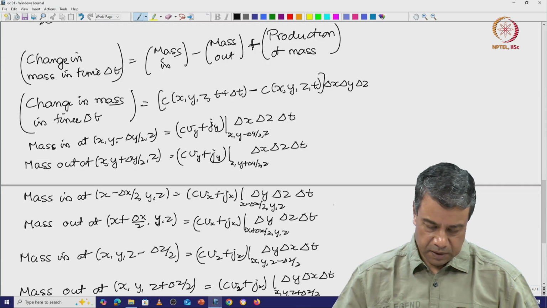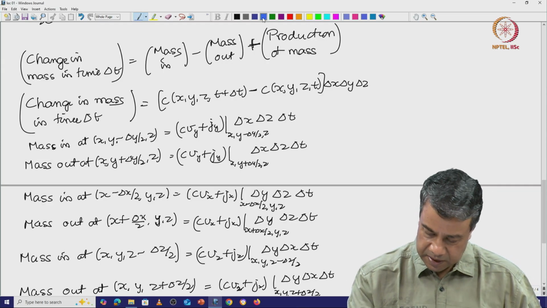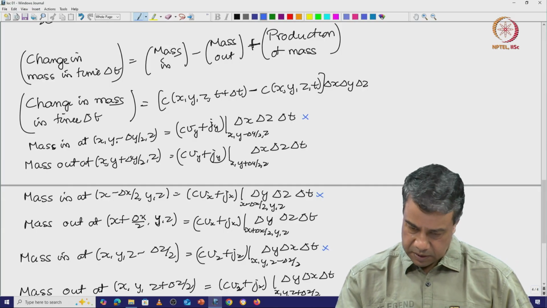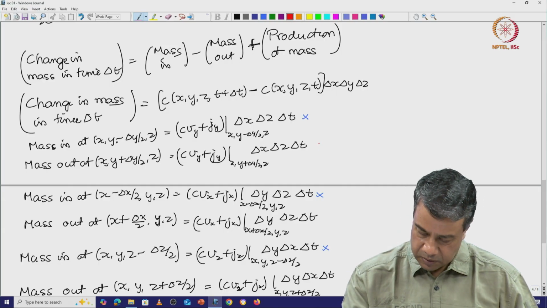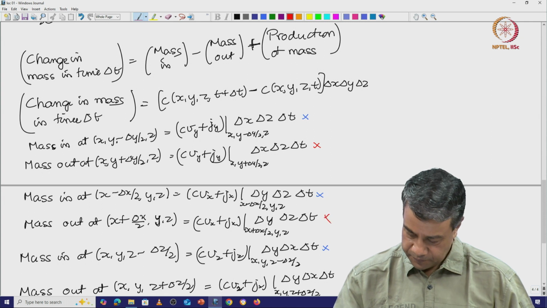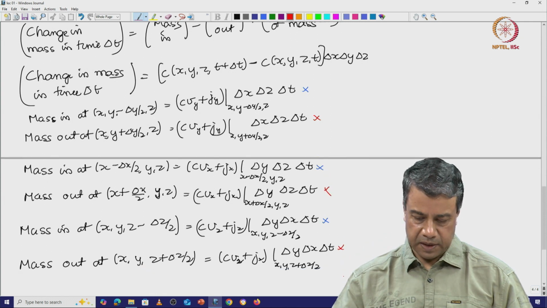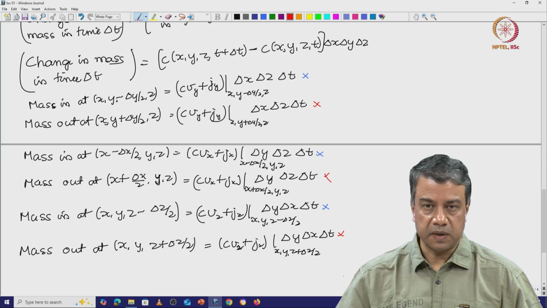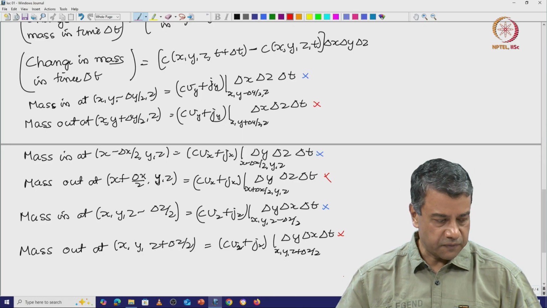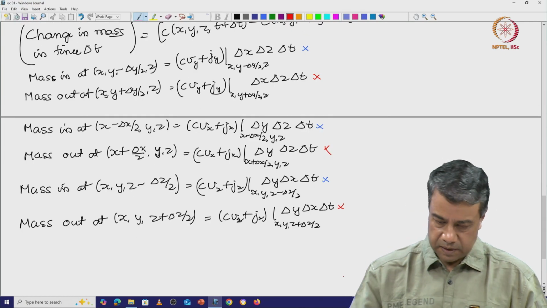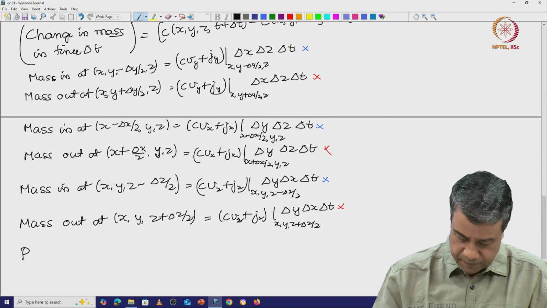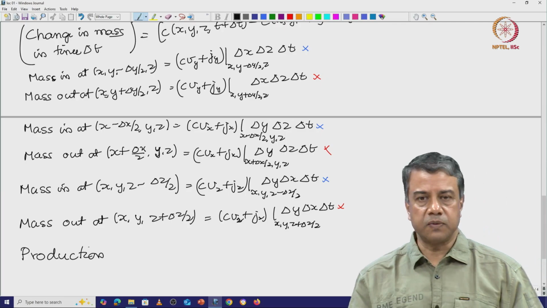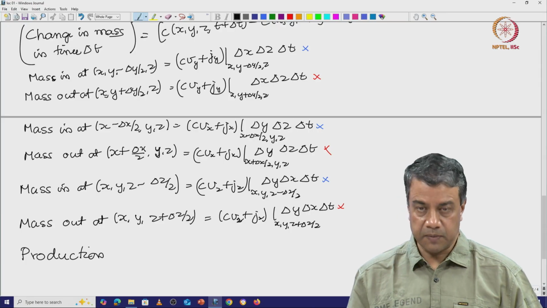So, we have 3 components for the mass in at the 3 surfaces and 3 components for the mass out. That is the total mass in minus the total mass out. And finally, I have the production of mass within this differential volume in a time delta t.